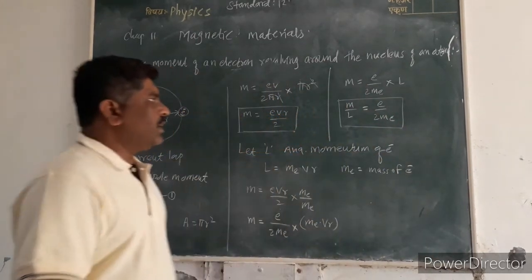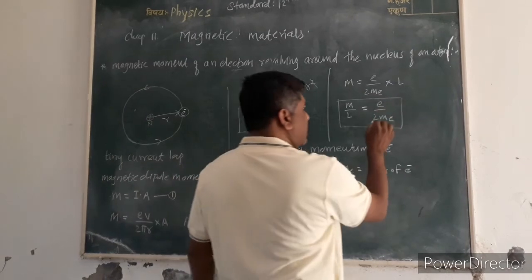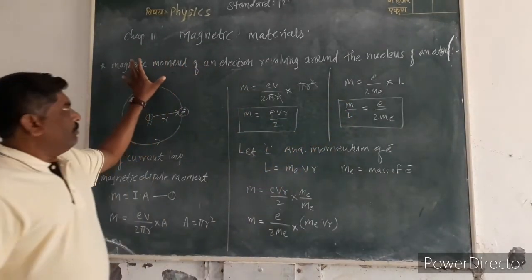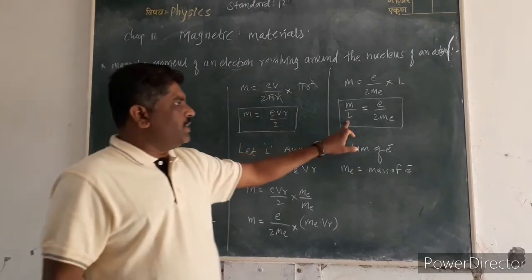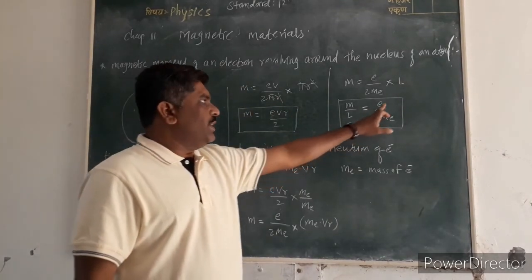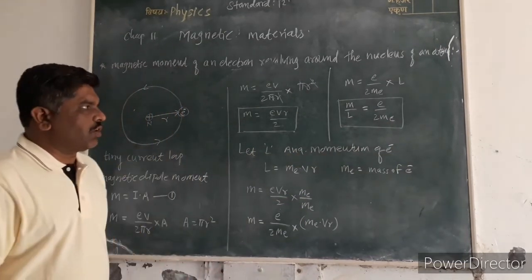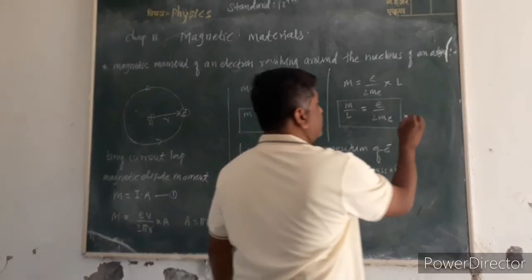M upon L is equal to e upon 2 m_e, where M means magnetic moment, L means angular momentum, e means charge, and m_e means mass of the electron.